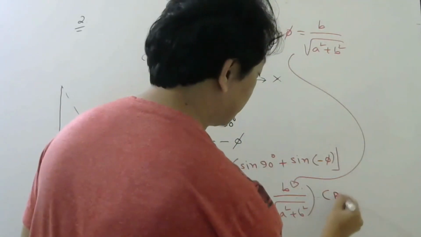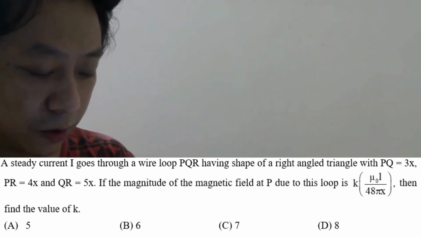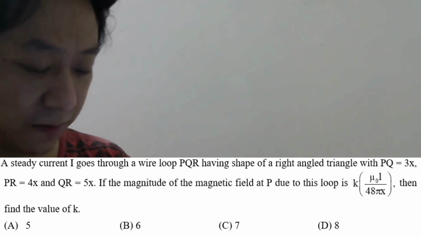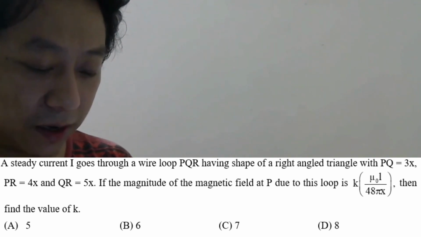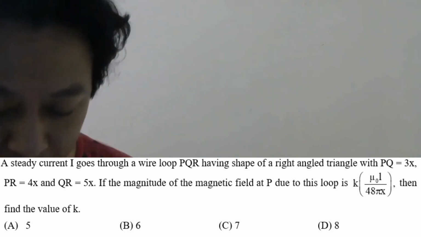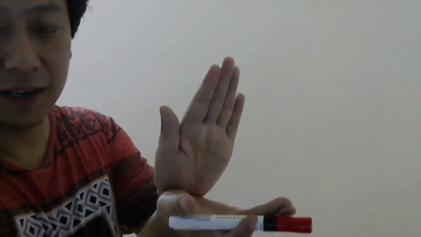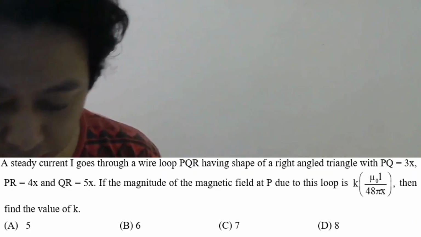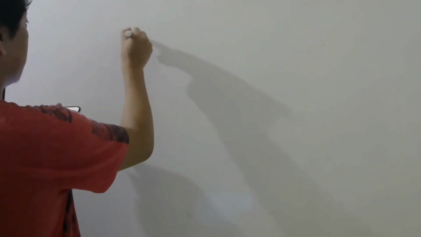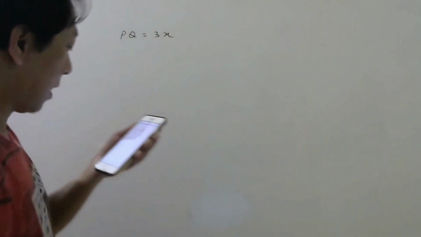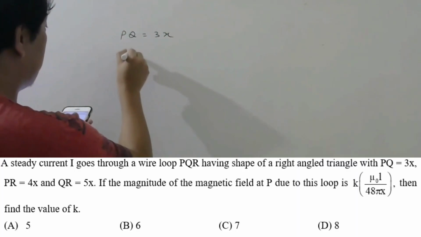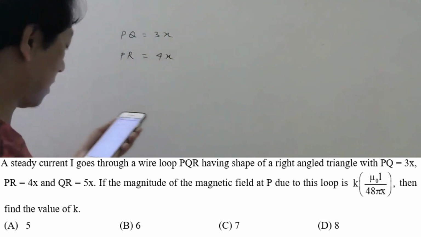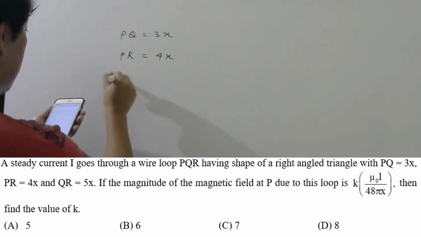Option B. Okay. A steady current I goes through a wire loop PQR having the shape of a right angled triangle with PQ equal to 3x. So PQR is the wire in the shape of a right angle triangle with PQ equal to 3x, PR equal to 4x and QR equal to 5x.